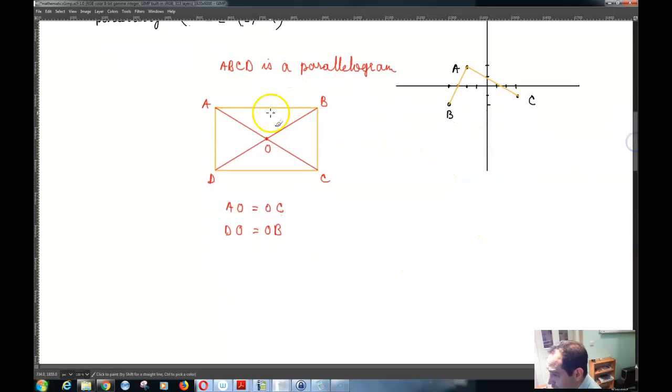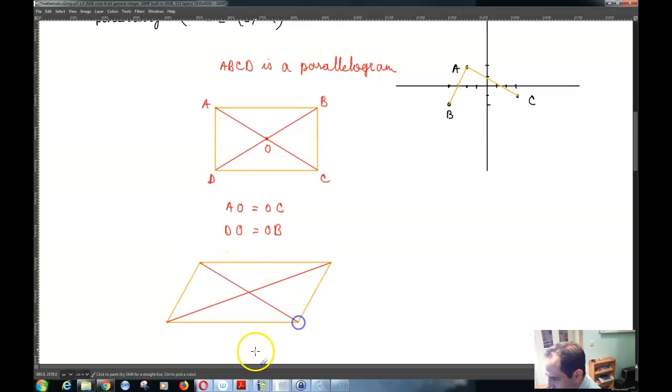And this happens whatever sort of angle you might have over here, or here, as long as it's a parallelogram. Suppose that you have this parallelogram over here. If I draw the diagonals, of course the lengths of the two diagonals are not going to be the same.